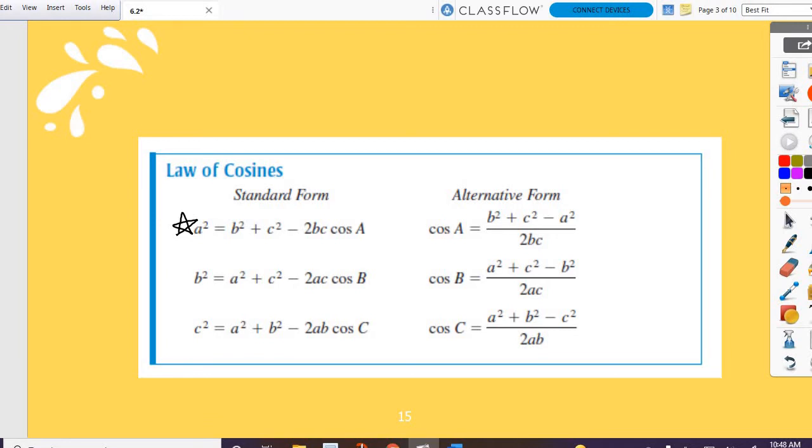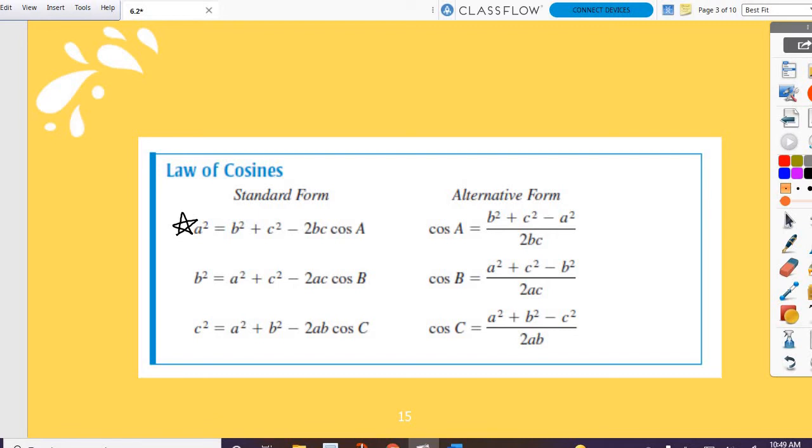That's 0, which then just leaves me a squared equals b squared plus c squared, which is your Pythagorean theorem. So your Pythagorean theorem is actually just a specific case of your law of cosines. You actually already knew your law of cosines. You just didn't know that's what it was.